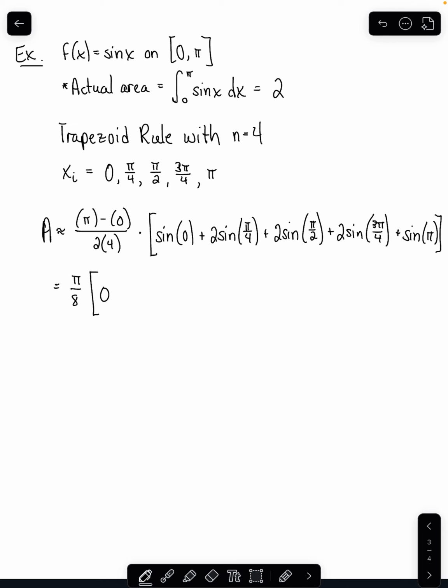So we really only have to worry about the 3 terms in the middle. Sine of pi over 4 is square root of 2 over 2. Sine of pi over 2 is 1. The sine of 3 pi over 4 is again the square root of 2 over 2. And the sine of pi is, as mentioned before, 0.